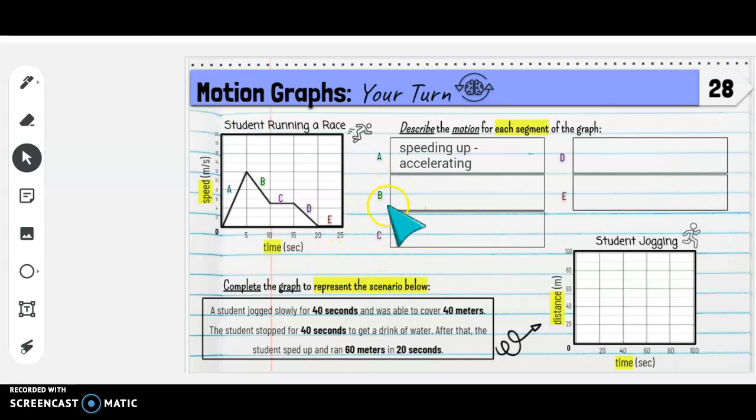Looking at the next segment, B, we can see that the speed is now going down. So at segment B, the student is slowing down or decelerating.